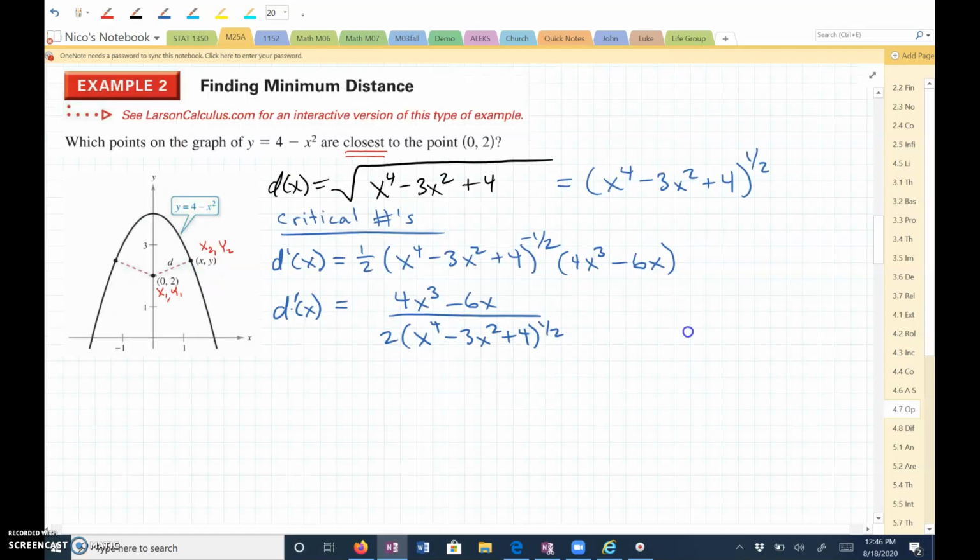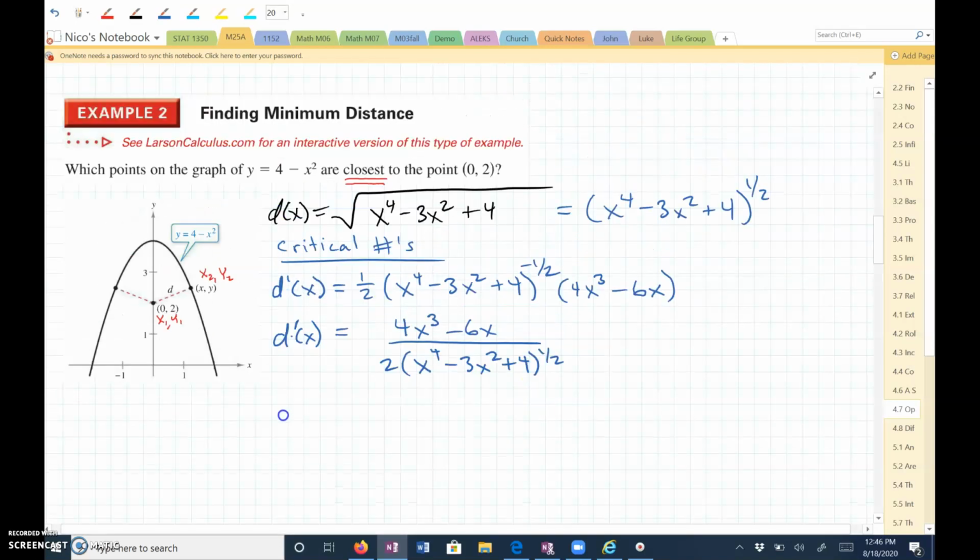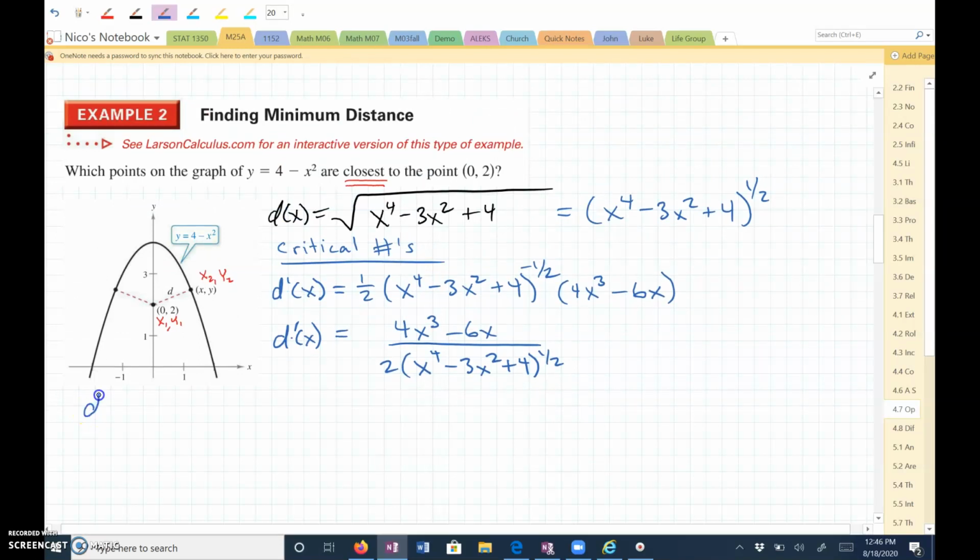And now we need to figure out x values where the derivative equals 0 or where the derivative does not exist. So if we set the numerator equal to 0, that will tell us the x values where this derivative is equal to 0.